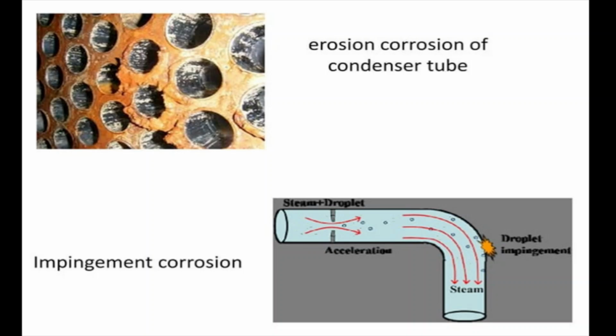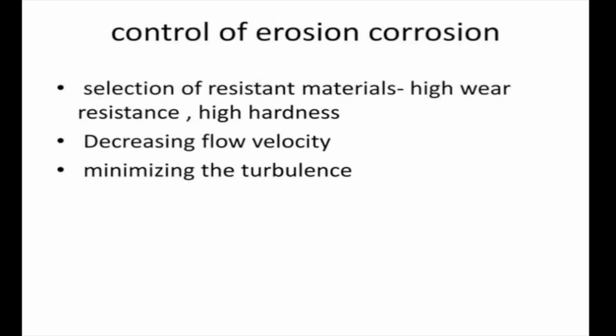The droplets burst onto the side walls and cause loss of physical material, mostly metallic, and the steam passes through, and due to the high temperature and the medium, the corrosive effect is accelerated.